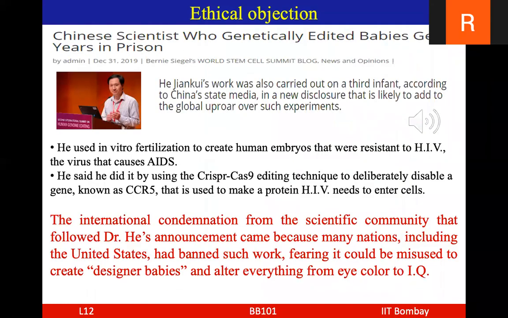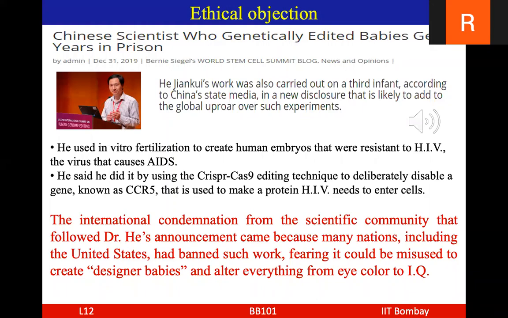I am sure that last year, or in 2019, you might have heard about the Chinese scientist who genetically edited babies, and there was a lot of controversy. He has his own story, but overall the entire world scientific community opposed and protested very strongly when he genetically edited 3 babies, saying he was trying to make them resistant to HIV infection, while people then found out they were not really very prone to HIV anyway.